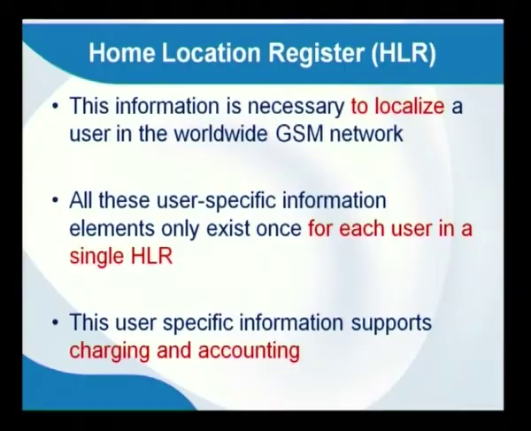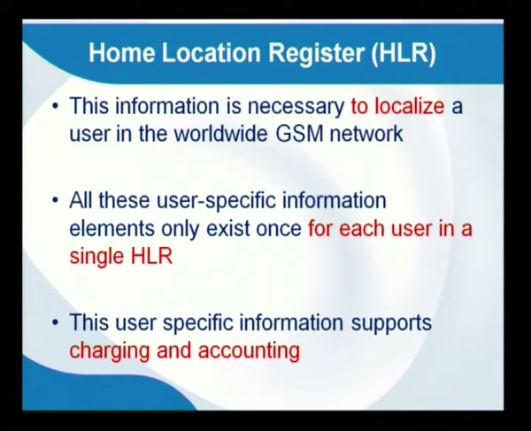Many HLRs are distributed, but for a particular user their static information is stored only once in the HLR, that we should understand. So, wherever the users are moving, their current locations, everything will be updated in their own HLR. As I already mentioned, the current locations and dynamic mobile subscriber roaming number, all the information is used to locate the users.